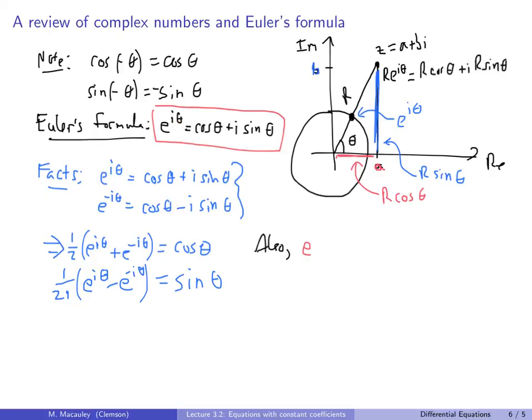Geometrically, e to the I theta is always on the unit circle, so e to the I times pi is the complex number that is right there. And that is -1, right? It's on the real axis. So e to the I pi equals -1, and that's actually a very remarkable formula.